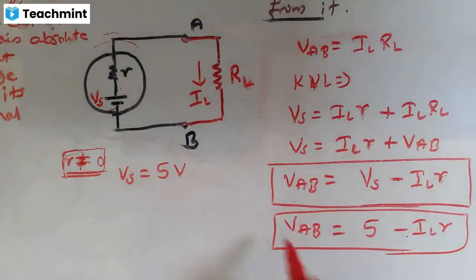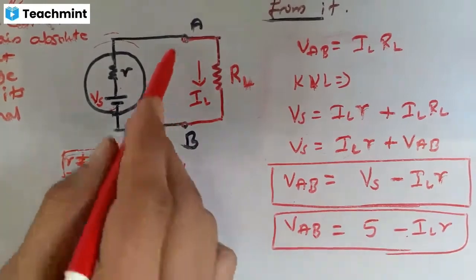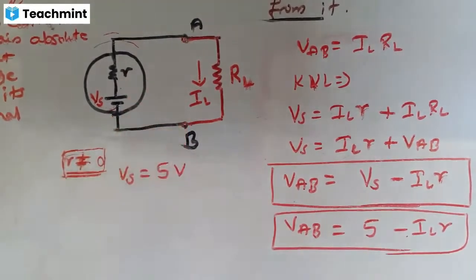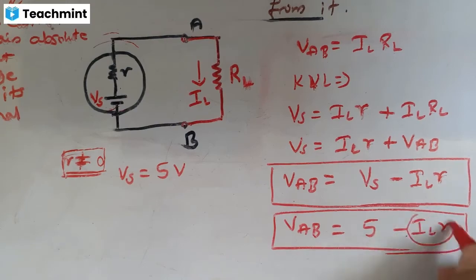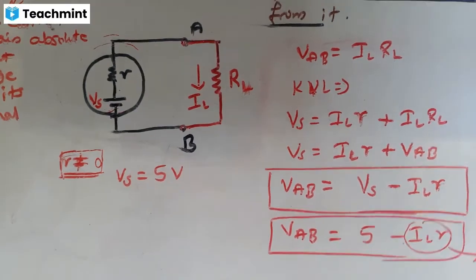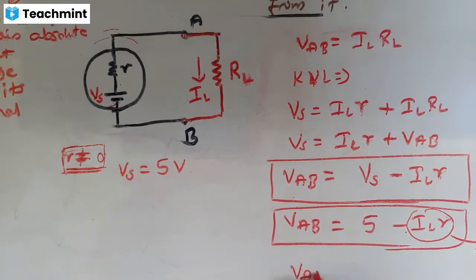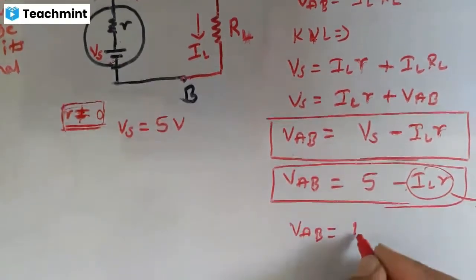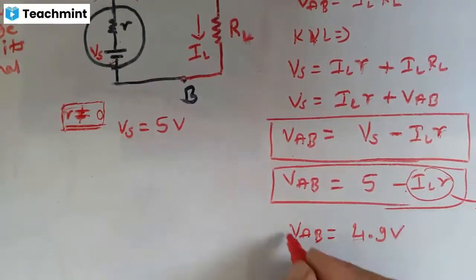What does it mean? Whatever you are measuring as VAB, the voltage across A and B, will always be less than this 5 volt. For example, if the value of IL into R is 0.1, then VAB will be 4.9 volt.